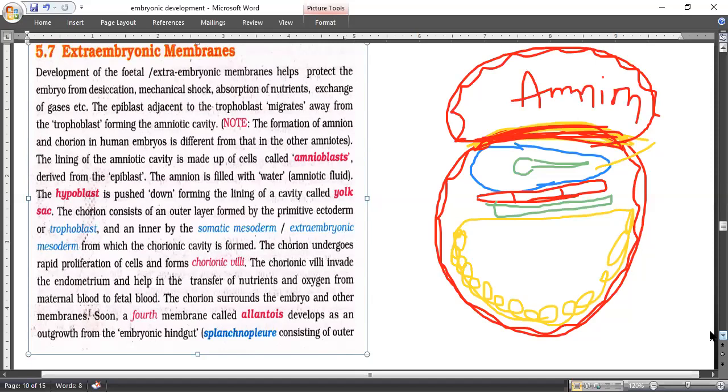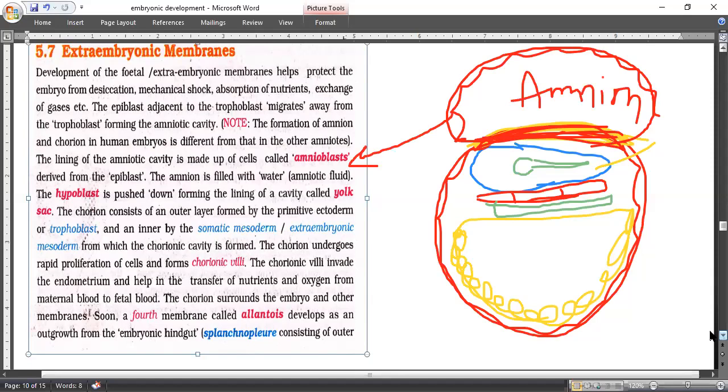Next, the formation of amnion and chorion in human embryos is different from that of other amniotes. No problem, we don't need to know how it happens in other amniotes. The lining of the amniotic cavity is made up of cells called amnioblast cells.